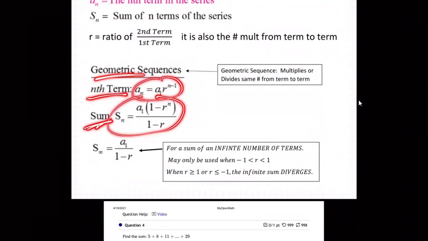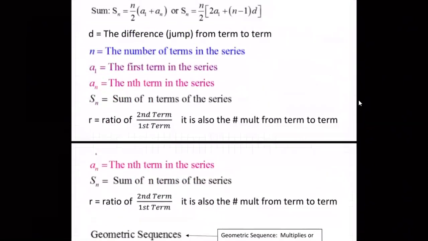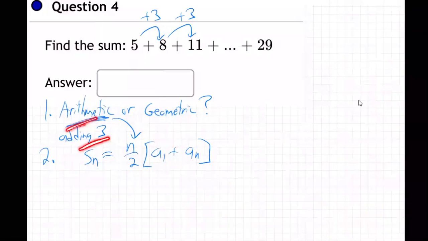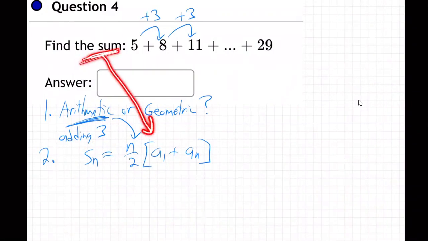So that's how you want to think about it. How do you know what to use? First you figure out if it's an arithmetic or geometric sequence, like we did. Is it adding or subtracting the same number, or multiplying? Ours is adding 3, so it's arithmetic. And then do they want the sum or just regular? They want the sum, so you use the S sub n arithmetic formula.